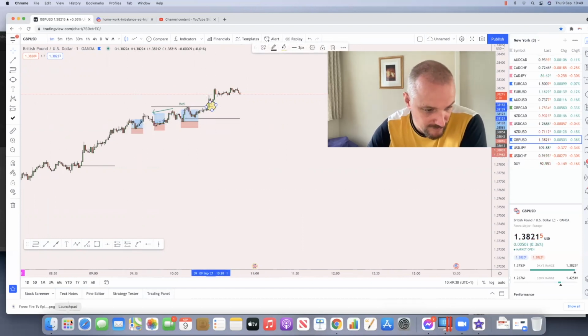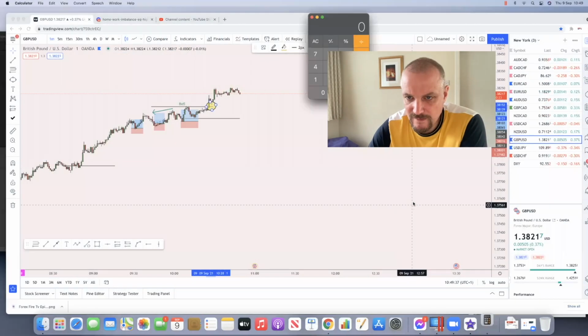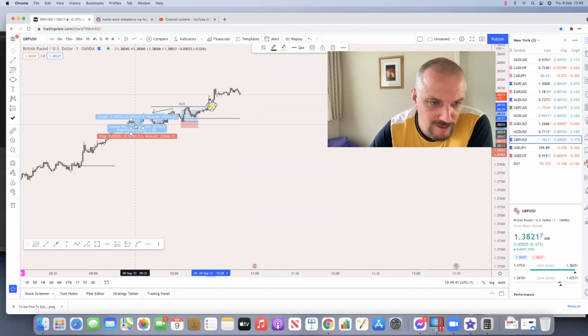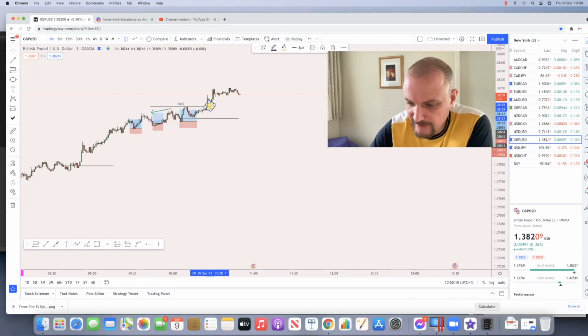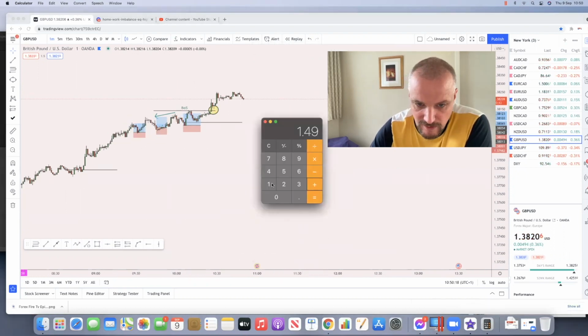Let's add these up. So if we go onto here, we've got the calculator. Right, so we've got a risk to reward 1.68 plus 1.49 plus 1.82, 1.82 plus 1.49 and then a 1.68 plus 1.68.